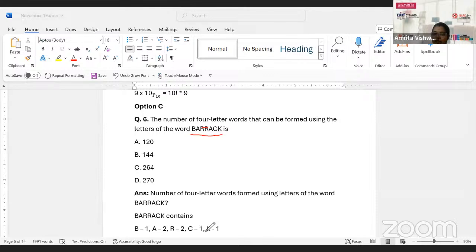So you have to take letters either from A or from R to complete the condition given in the question. I hope the question is clear to all of you. You can look at the different criteria or conditions in which you'll be able to solve this question. And I hope that's clear.